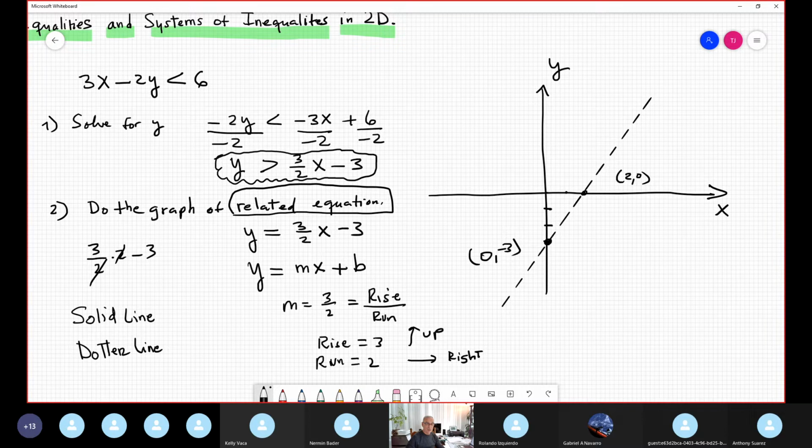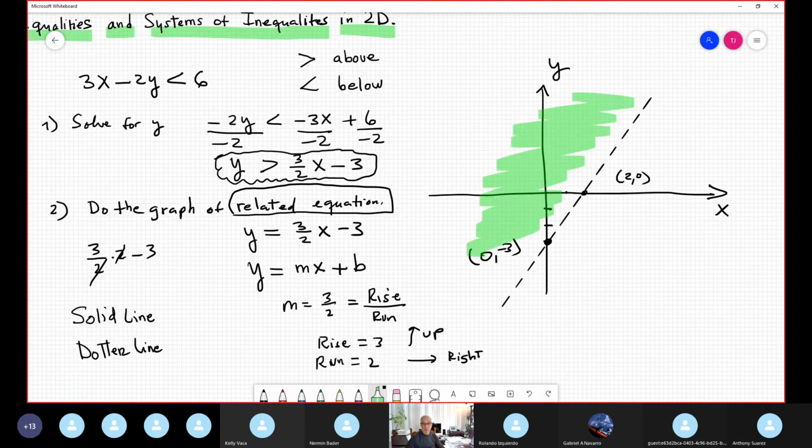Step one is super important, solve for y. When you solve for y, it's greater than here, so the symbol just says above. Above what? Above the line. If the symbol is like that, it's below. So you shade that part because it's above. This is the solution, this semi-plane.